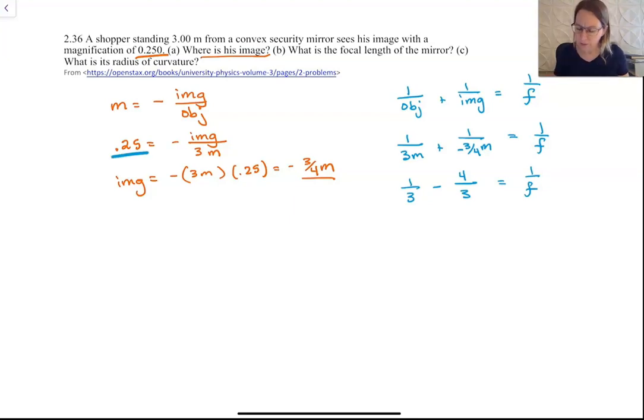So I have 1/3 minus 4/3 is equal to 1 over the focal length, and so that gives me 3 over 3 or -1 meter for my focal length.